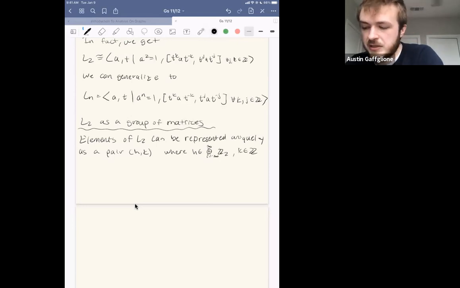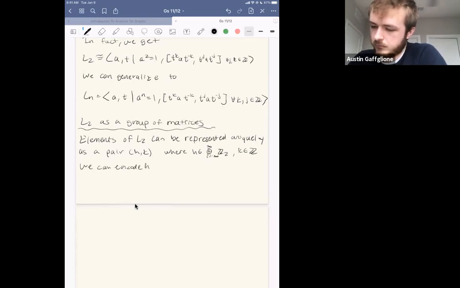We can also view H as a polynomial. So this polynomial P is going to have entries either 0 or 1, and it's in terms of T and T inverse.